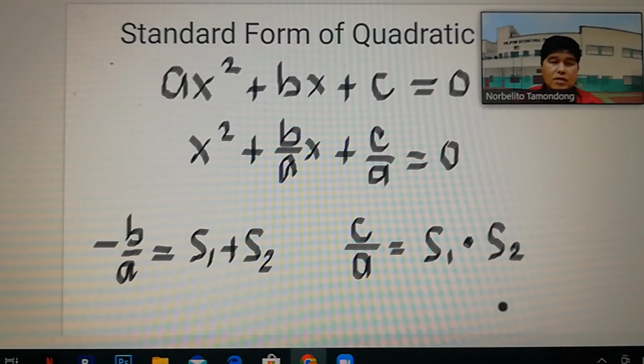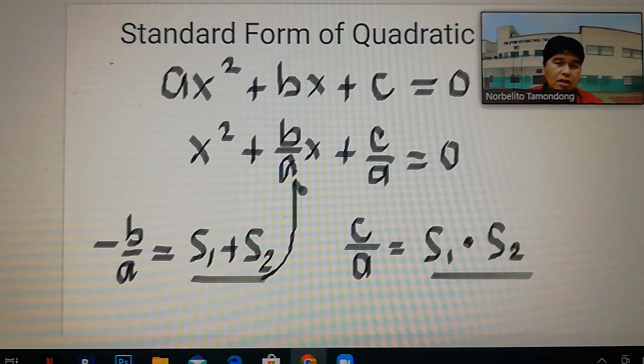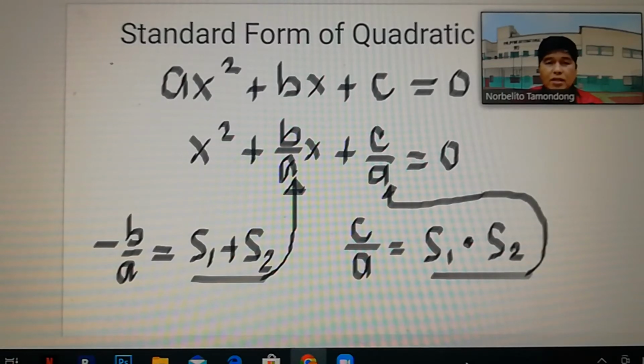After getting the sum and the product of the roots, just substitute here. You get the opposite, then substitute to b over a. The other one is just substitute to c over a, whatever the product of the roots is.